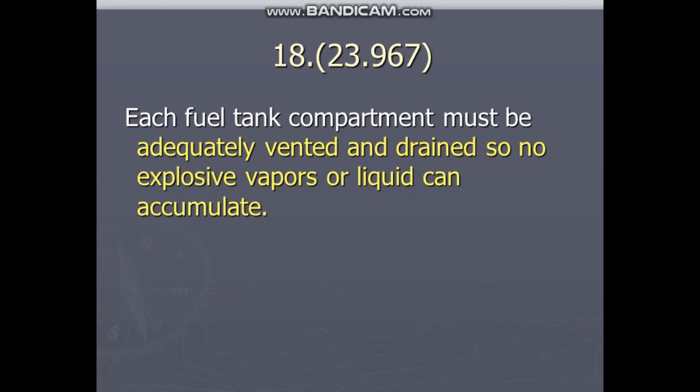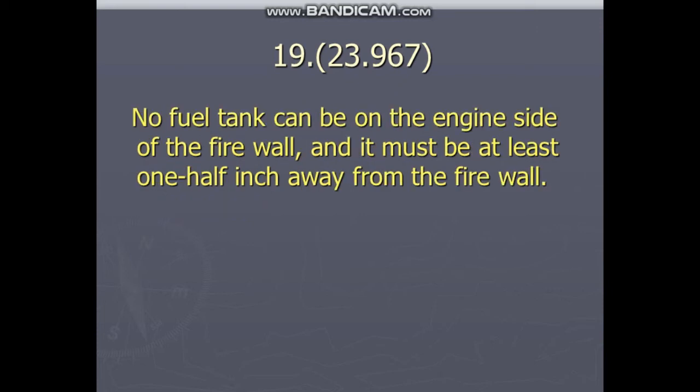Number 18. Each fuel tank compartment must be adequately vented and drained so no explosive vapors or liquid can accumulate. Number 19. No fuel tank can be on the engine side of the firewall, and it must be at least 1/2 inch away from the firewall.